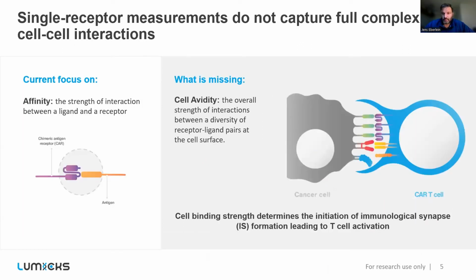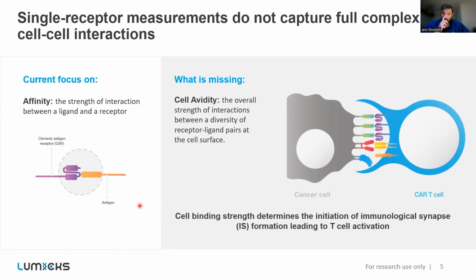In essence, the traditional biophysical methods primarily focus on affinity, as shown here on the left-hand side. You're probably very familiar with the term. What we are doing here is essentially looking at single antigen and antigen receptor, or single ligand-receptor interactions. It doesn't have to be in the immune context, and this is also done in a forceless environment.